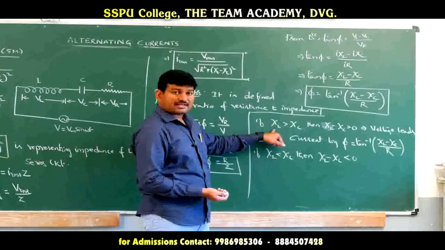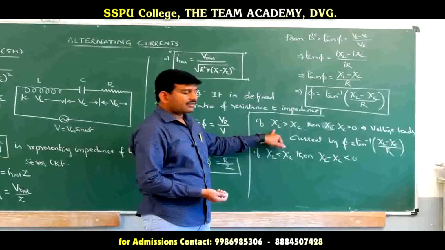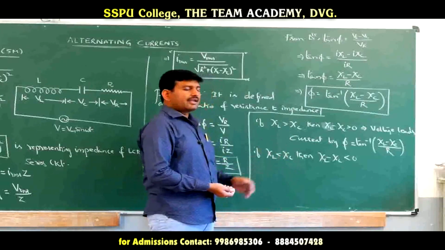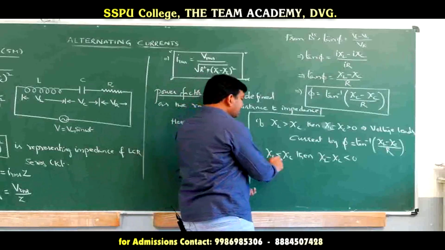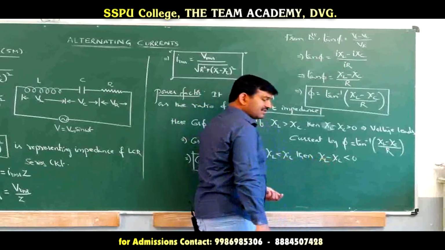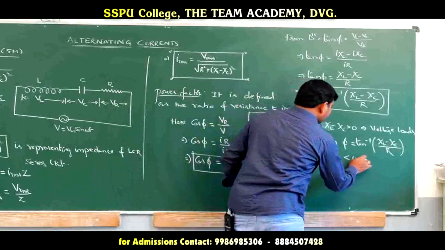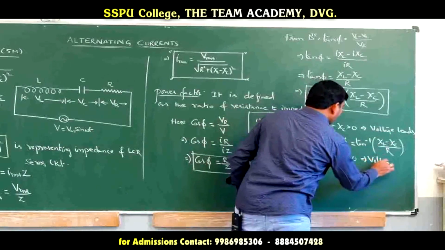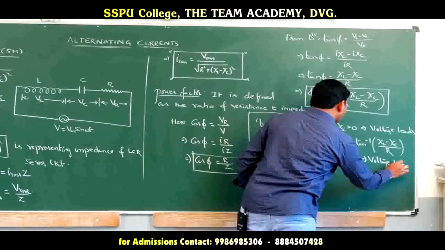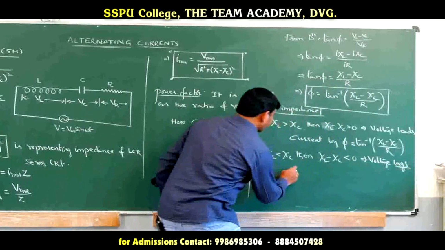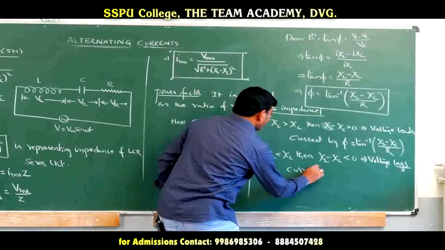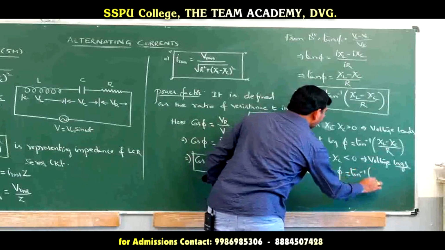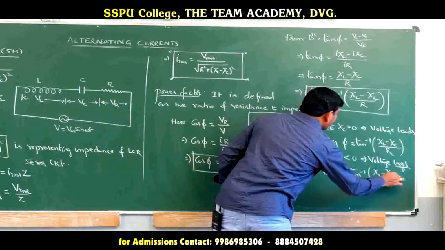There inductive effects are dominating, and here capacitive effects are dominating the inductive effects. Therefore, if chi L is less than chi C, then chi L minus chi C is less than 0, and this implies voltage lags current, or current leads, by the same angle phi is equal to tan inverse of chi L minus chi C divided by R.